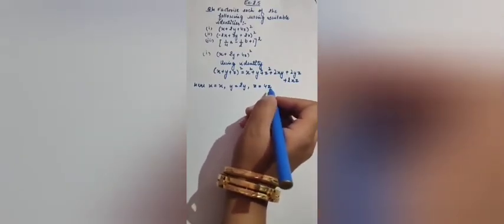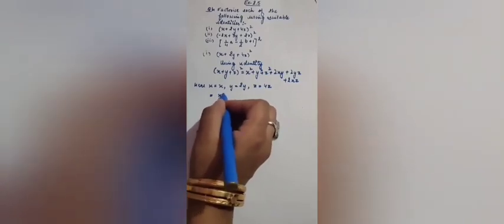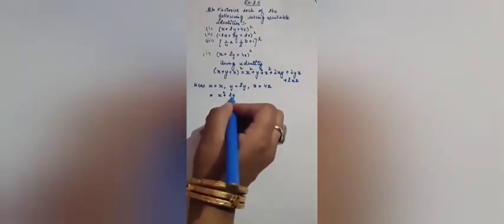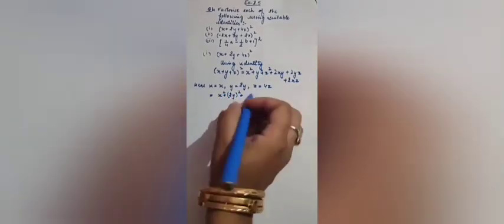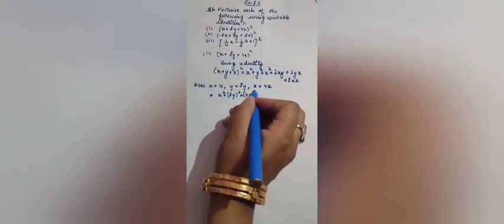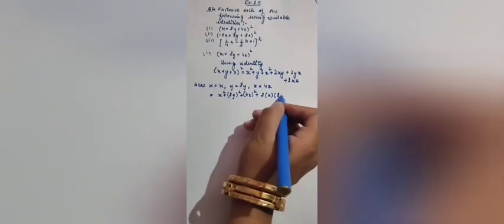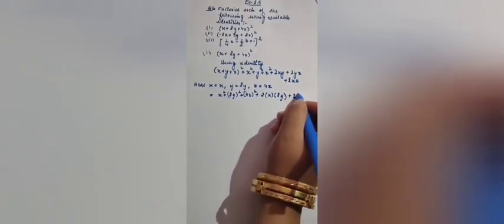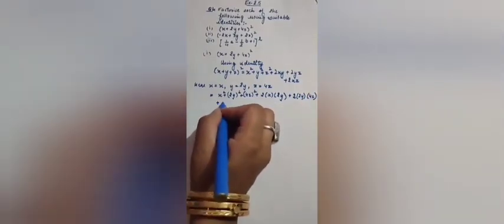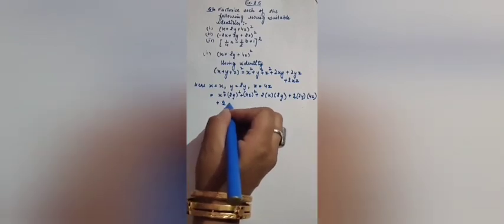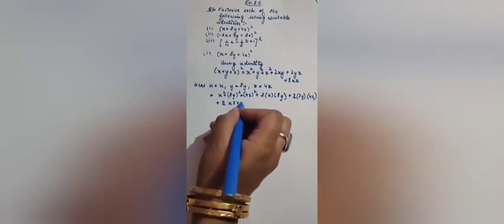Now you just have to put the value here, so it will be x² + (2y)² + (4z)² + 2 × x × 2y + 2 × 2y × 4z + 2 × x × 4z here.